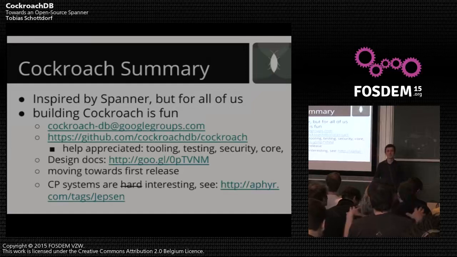I was wondering if the location of the ranges is kept by the Raft protocol and kept in memory, or do you have some kind of metadata table? If I understood the question correctly, it is how Raft stores its data, how we deal with the Raft log and the state.